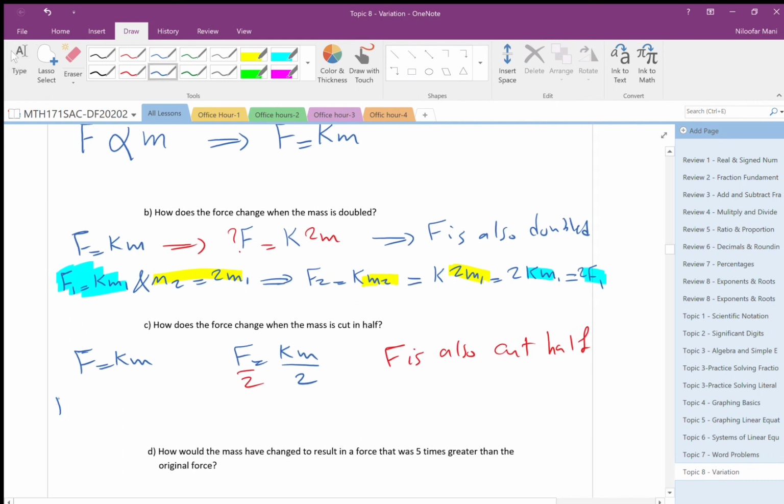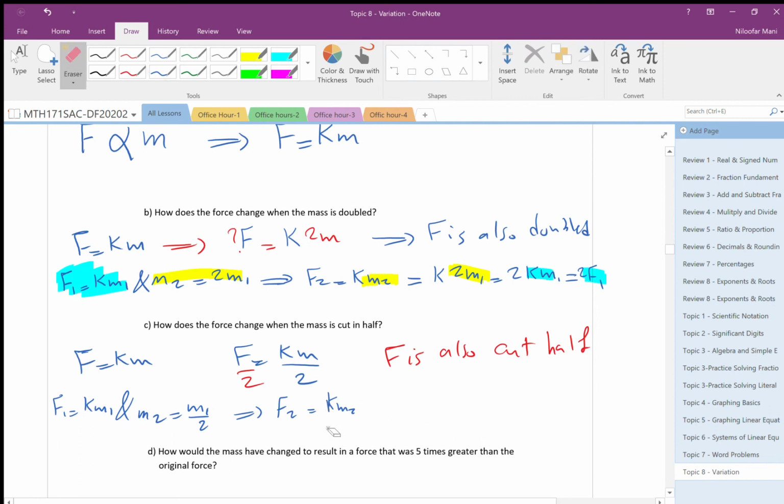Mathematically, F1 is Km1. M2 is M1 divided by 2. So F2 is Km2.